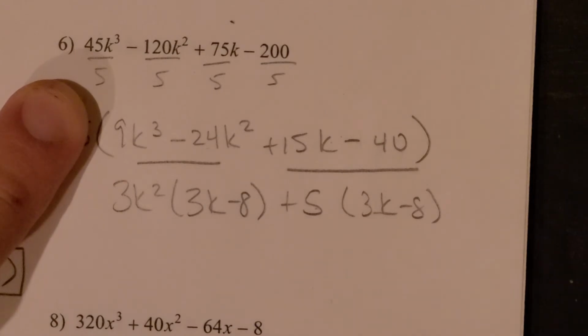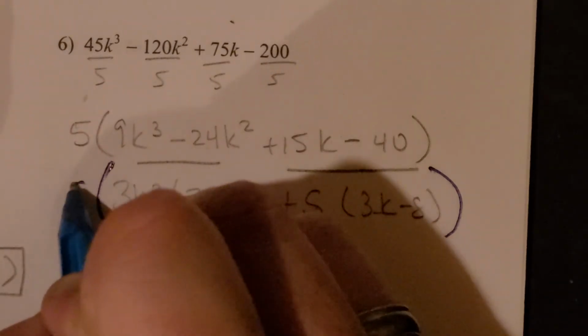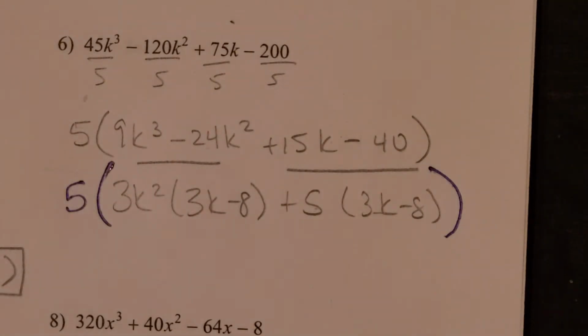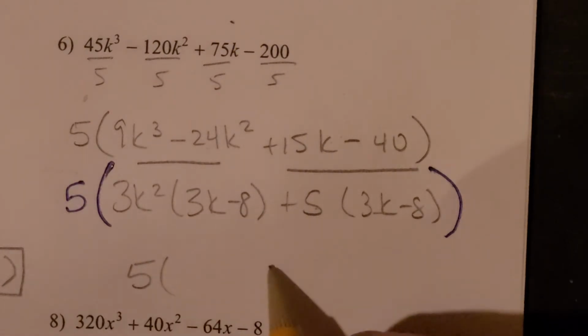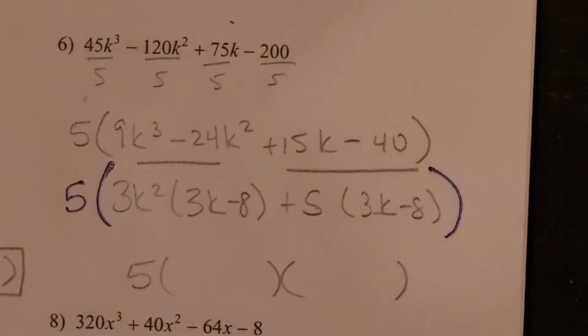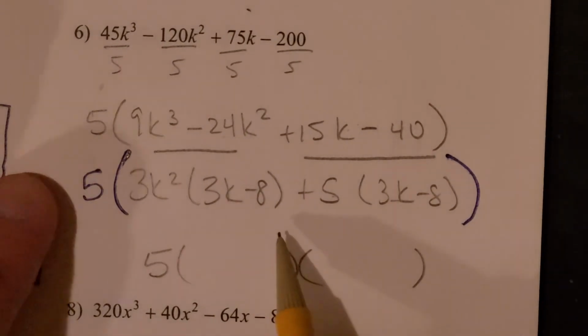Awesome. Do not forget that you still have this 5 all the way at the beginning. Now definitely don't forget that because that's part of your answer. I'm going to write it right now. I can split this stuff right here. Whoop, getting excited. Some great math we're doing.